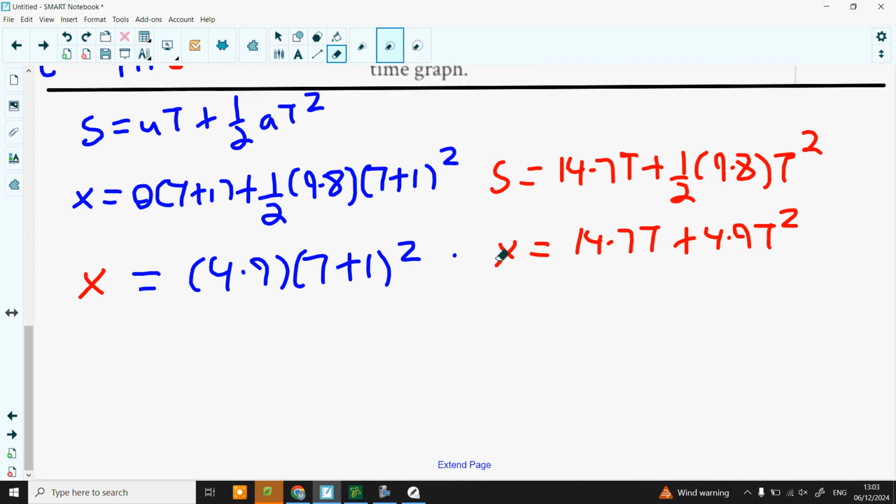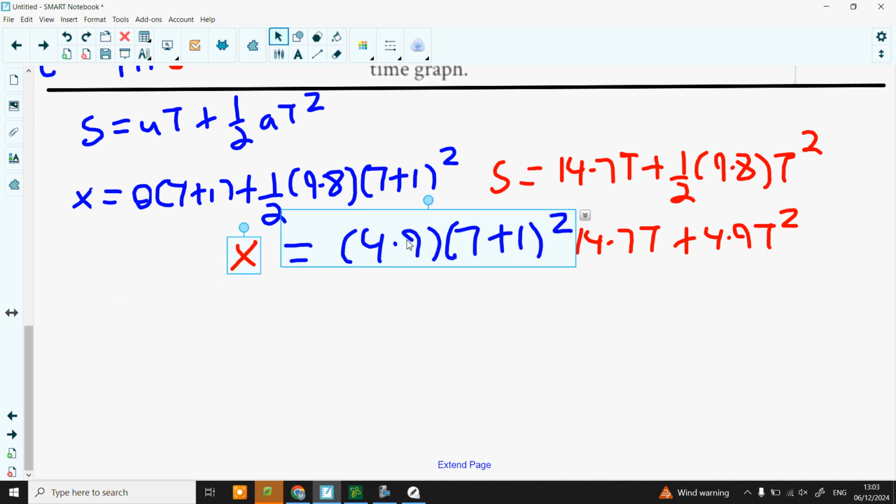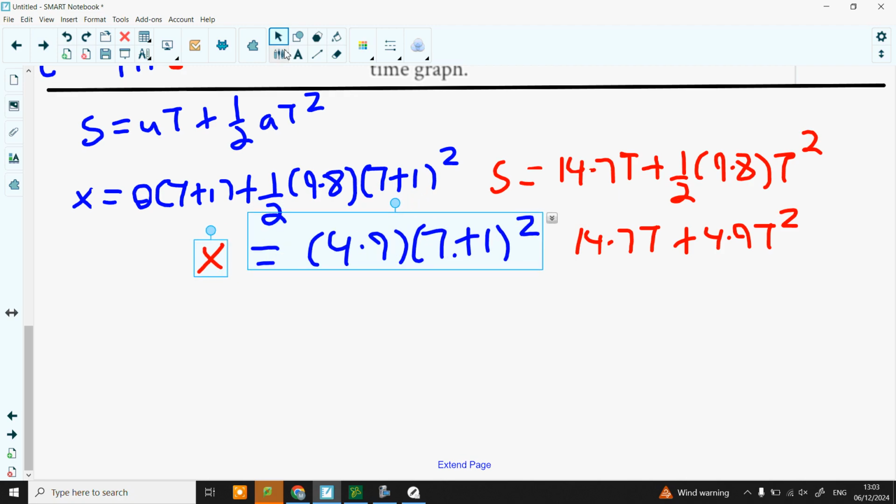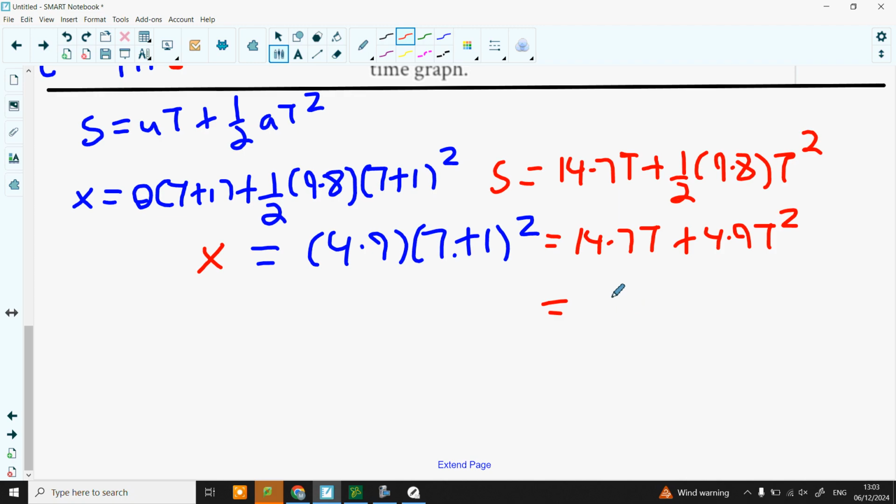Now, because they're equal to each other, what happens if you divide both sides by 4.9? Divide both sides by 4.9, and what's left over? 3t, t squared. That cancels, and that's just t plus 1 squared, which is cancel out the what?